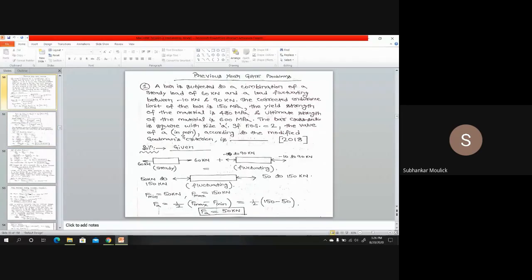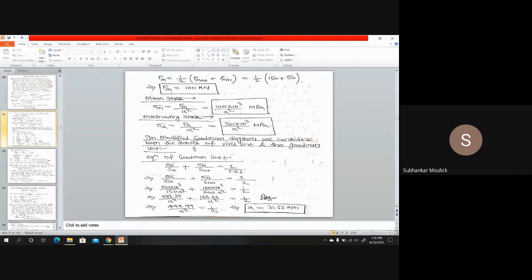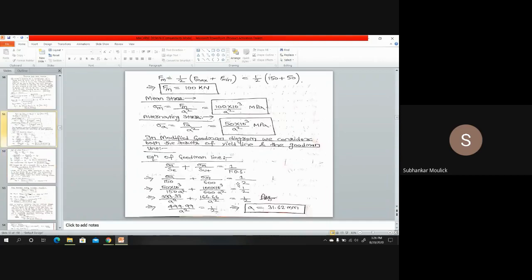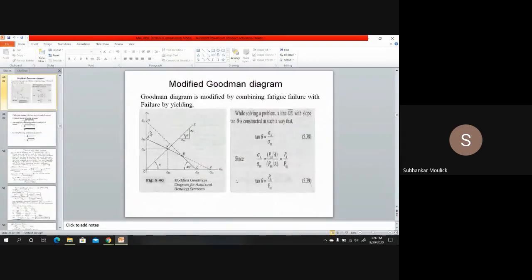That yield line equation is: x-axis is sigma m, y-axis is sigma a, and for the equation of a straight line, I know that x by a plus y by b equal to 1, where a and b are the intercepts on the x and y axes.